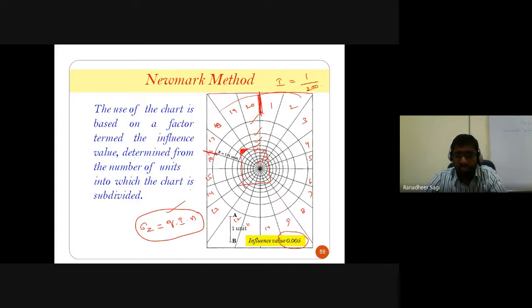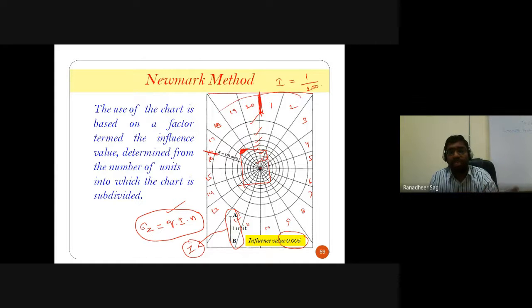So in the process of converting the dimension of the foundation onto the tracing paper, you have two very important things. Your depth of the foundation has to be transformed to a suitable scale, according to the scale indicated on your pneumatic chart AB, which is used to convert your depth dimension.